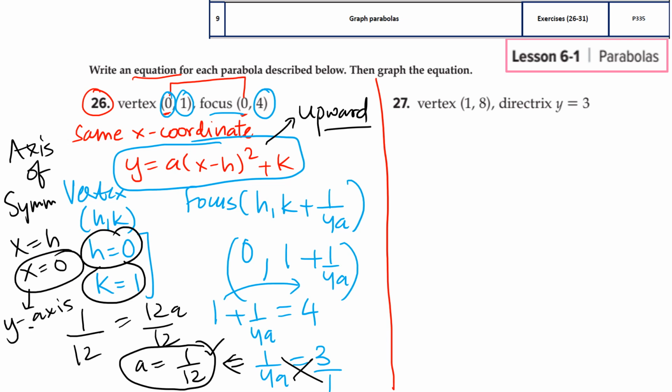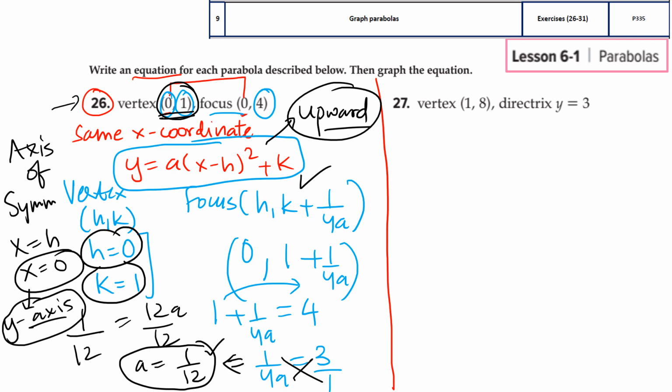That means the parabola which I'm going to draw for question 26 is a vertical parabola. At what point does it start? Vertex (0, 1). What is the direction? It opens upwards. What is the symmetry? It is symmetric about the y-axis. So all of this information along with the values of a, h, k will help me graph the parabola.